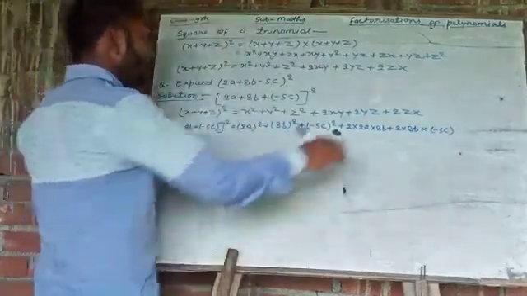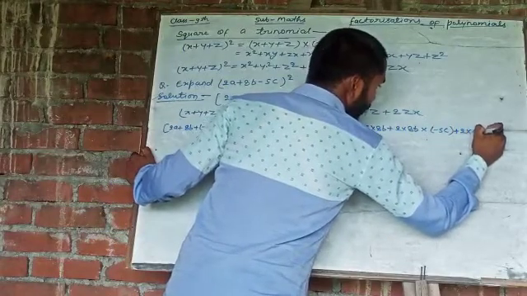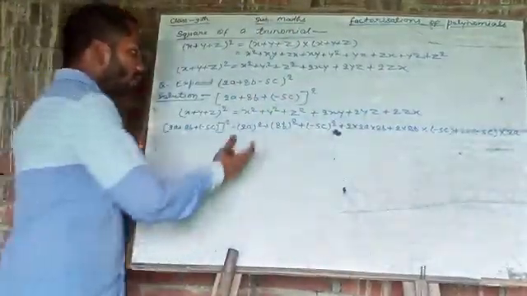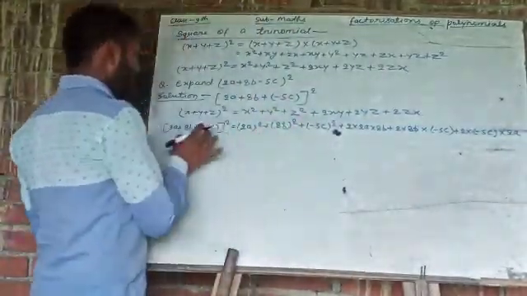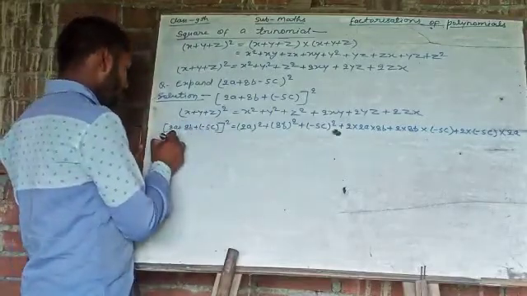And the last one, 2zx. So 2z means minus 5c and x means it is 2a. Now we will solve this one and find the value of 2a plus 8b minus 5c whole square.